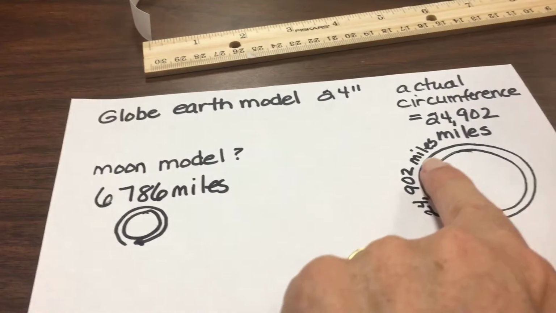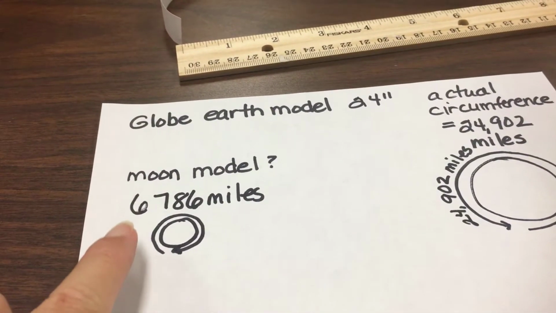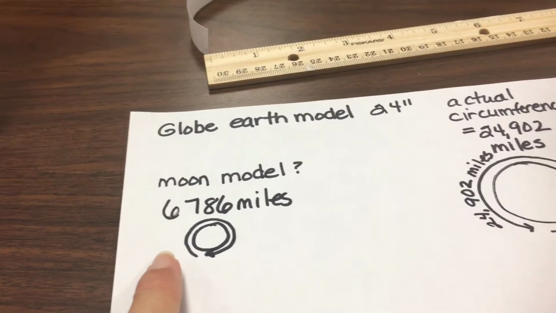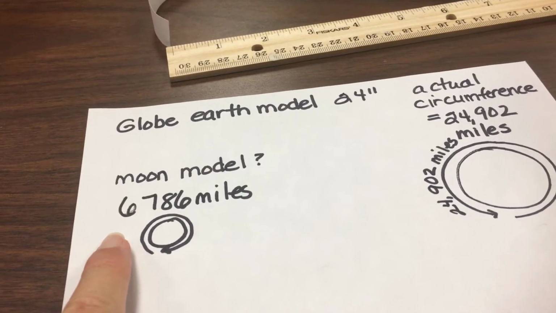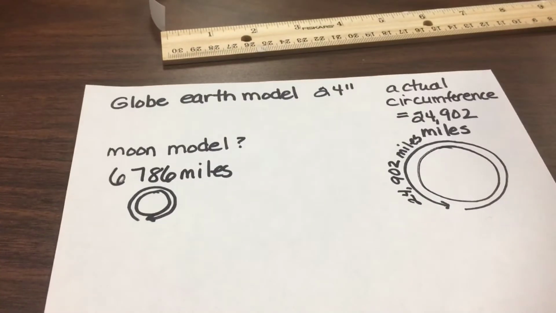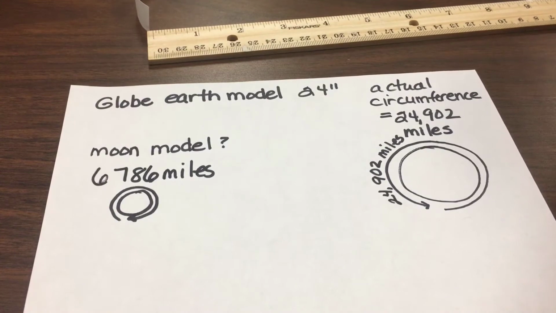Then we're going to take the 24,902 miles of the Earth and see the relationship between the 24,000 and the 6,000. That's not 1/6. That looks more like 1/4, approximately. But to do the math exactly right, we'll have to set that aside and do that right now.